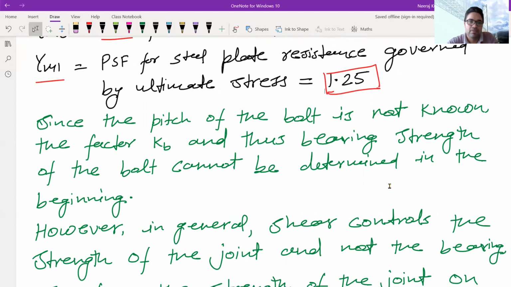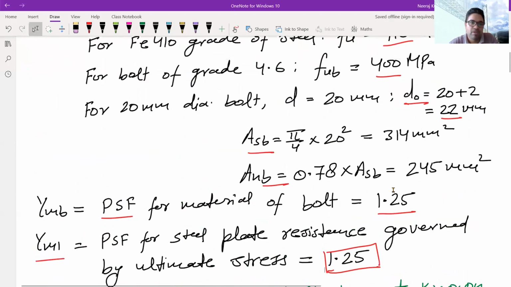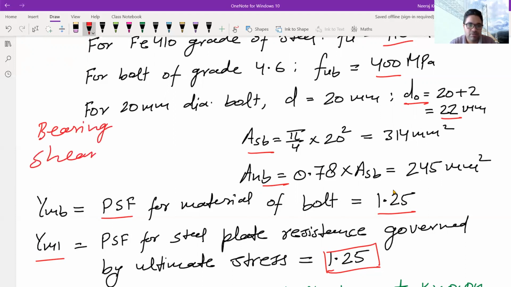As I said, the strength of the bolt will be the least of the bearing strength and the shearing strength. If you recall the formulas, in bearing we generally use 2.5 kb into d into t into fu upon gamma m.